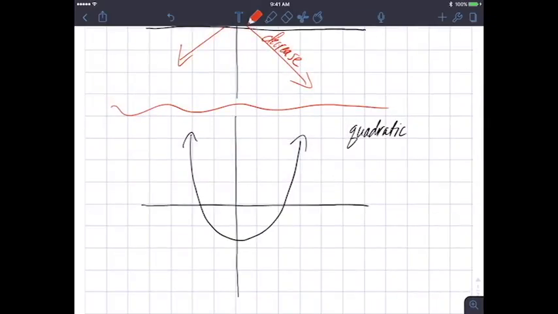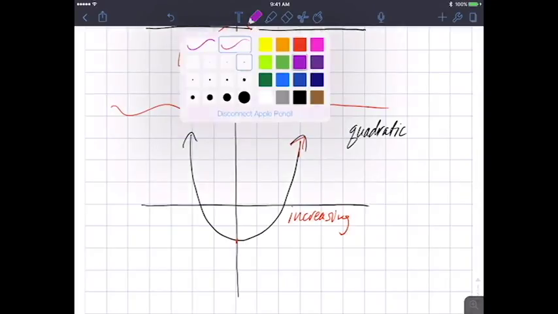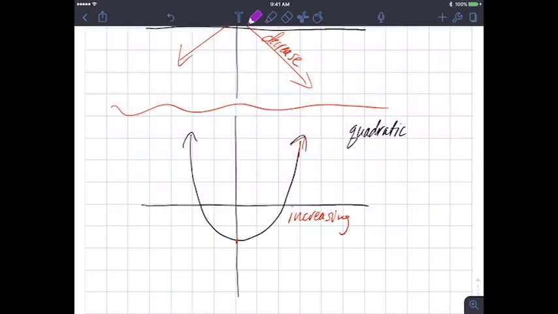Well, we can tell that from here to infinity, it's going to be increasing. And then from here to about here is decrease.